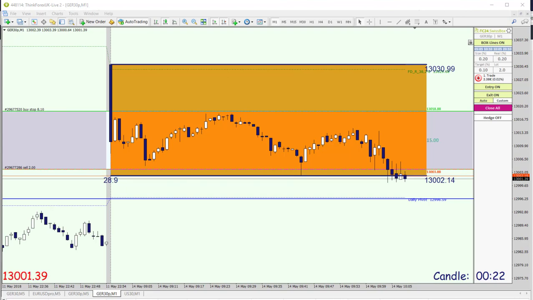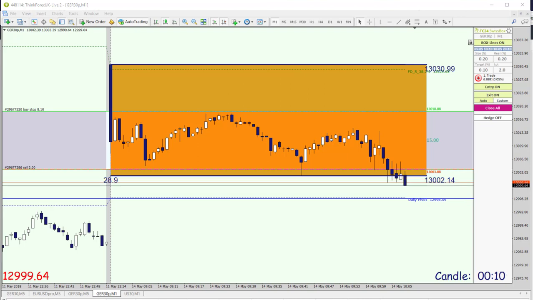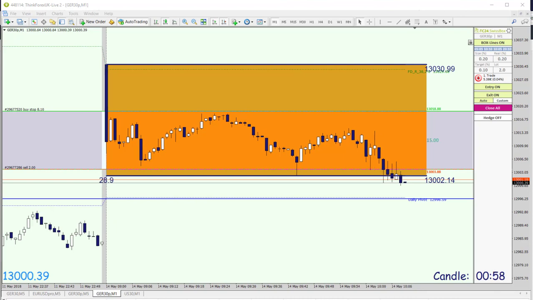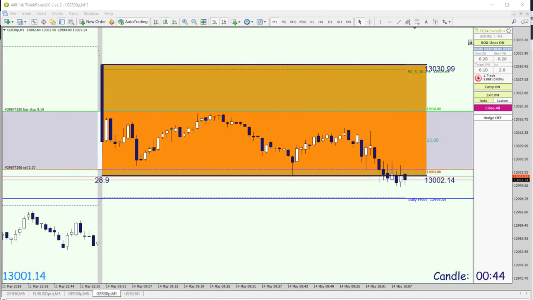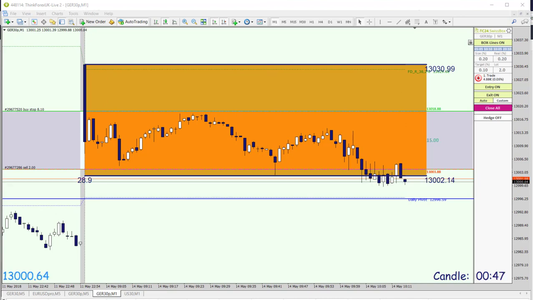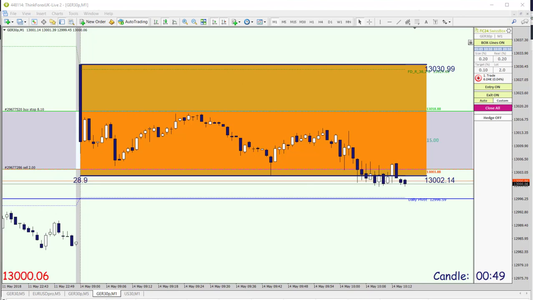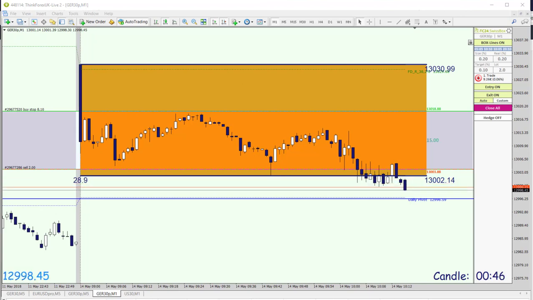8 minutes past 9. Fifty minutes past 9, and we're trading at the new daily low.